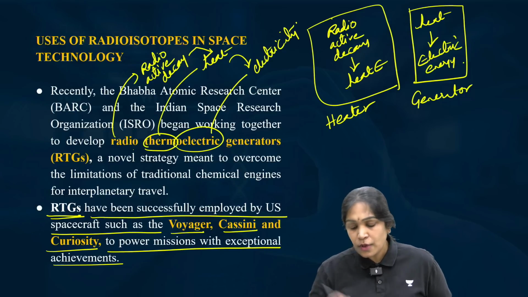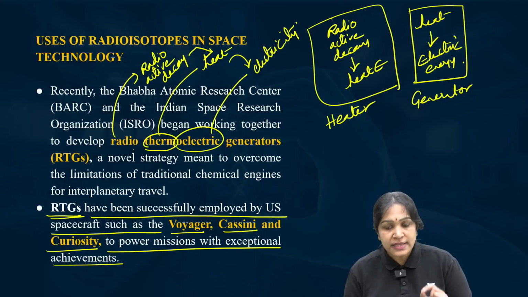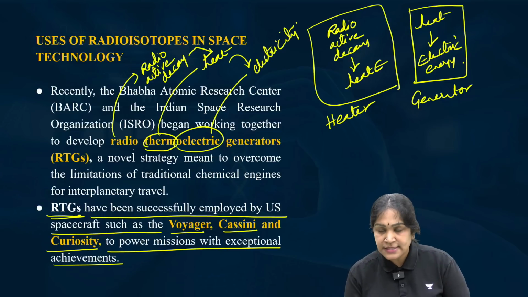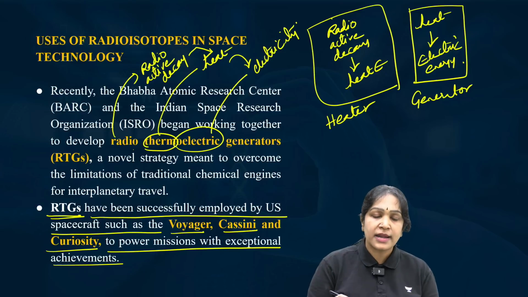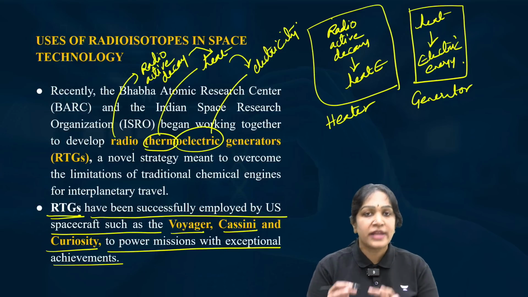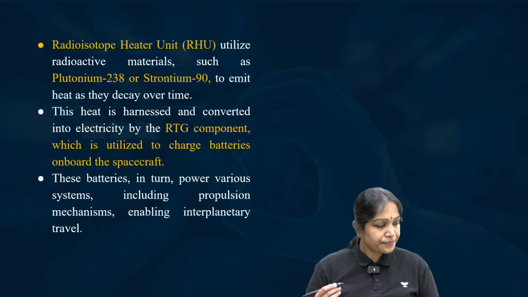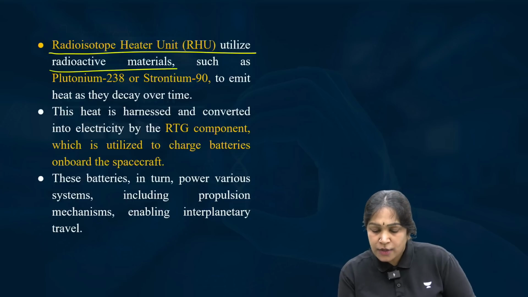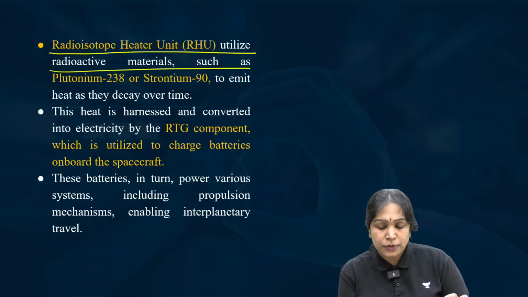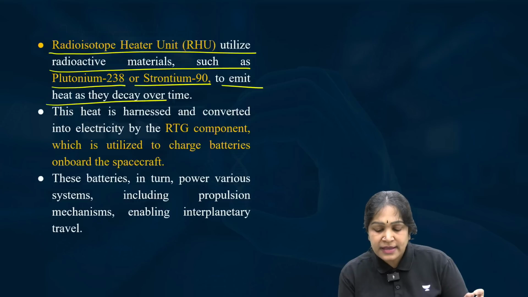So these are the two components in an RTG. This is used to fuel spacecrafts like Voyager, Cassini and Curiosity, and the same technology BARC and ISRO are also trying to develop in our rockets. The radioisotope heater unit utilizes radioactive materials such as plutonium-238 and strontium-90 to emit heat as they decay over a period of time.